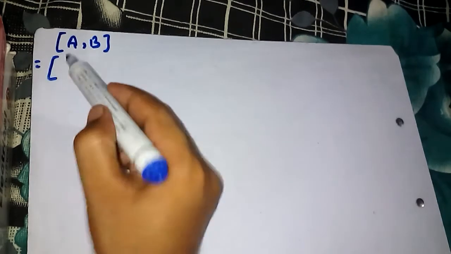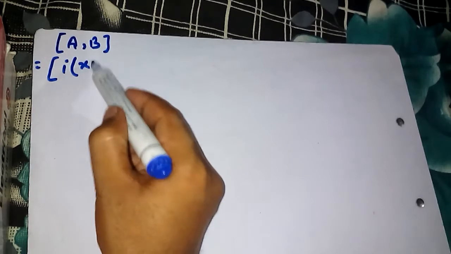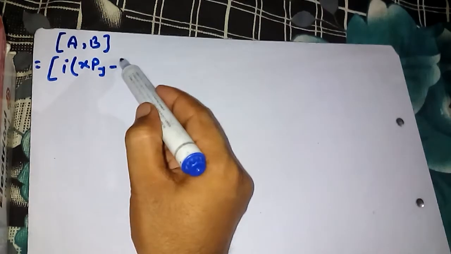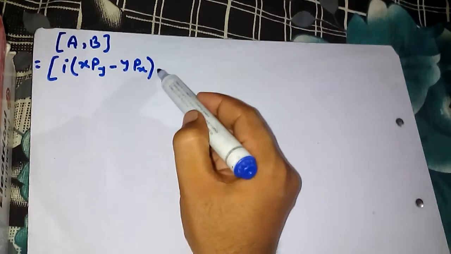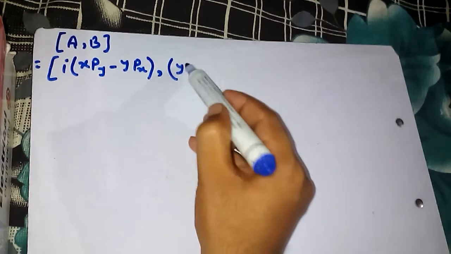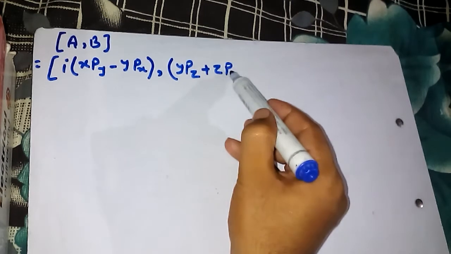So here it says we need to find the commutation of AB where A has been given as i(xpy minus ypx) and B has been given as ypz plus zpy.